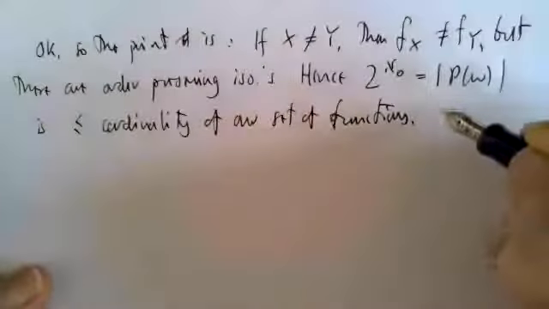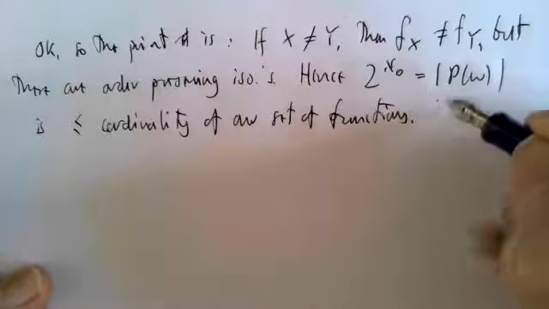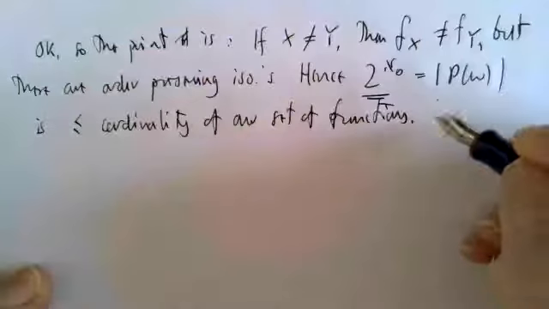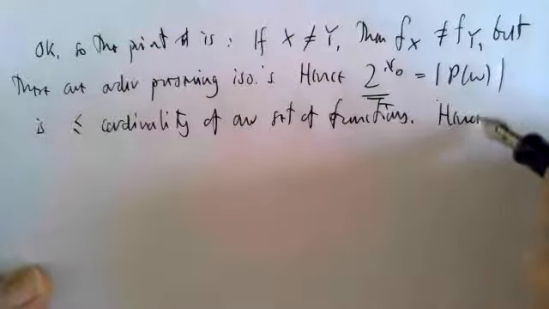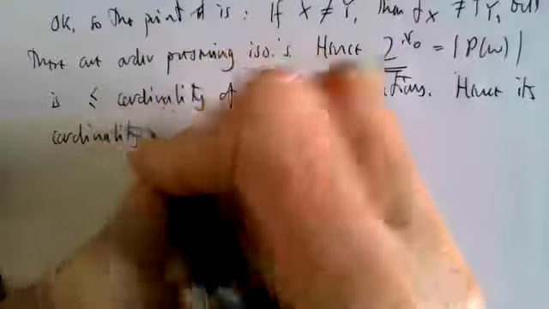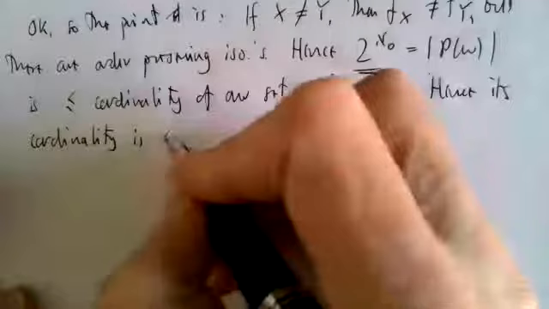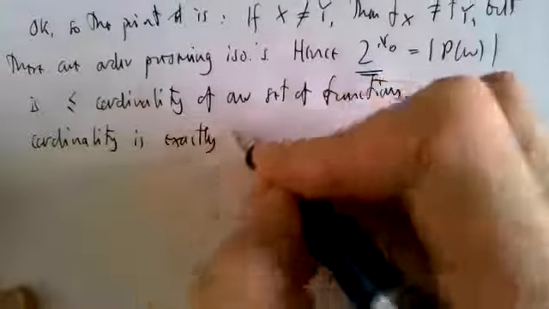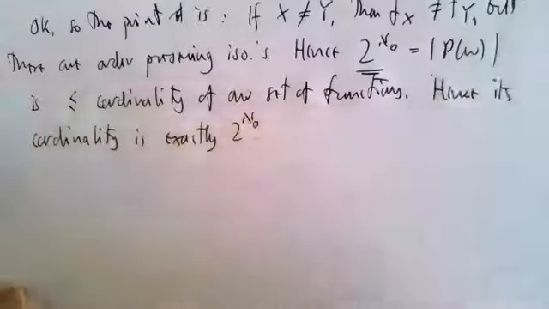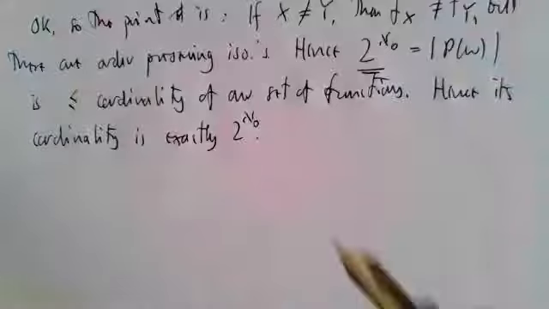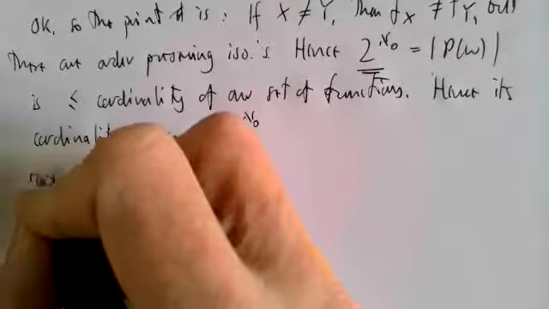Okay, so this is the actual cardinality. Hence its cardinality is exactly 2 to the Aleph 0. Okay, that finishes that.